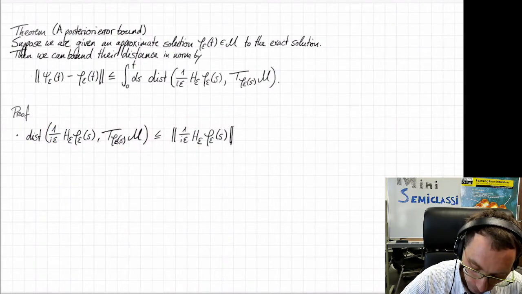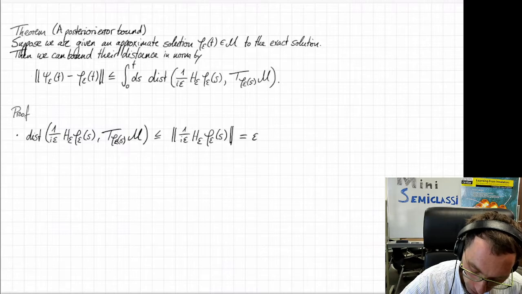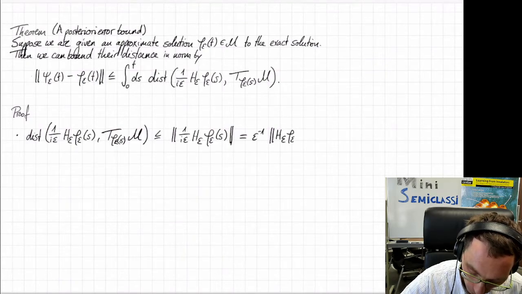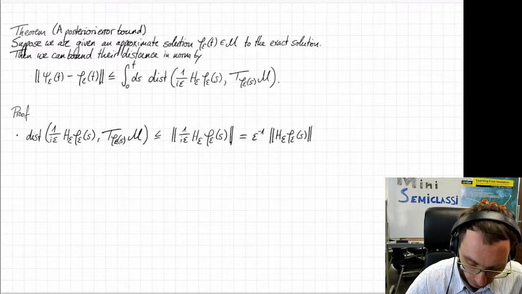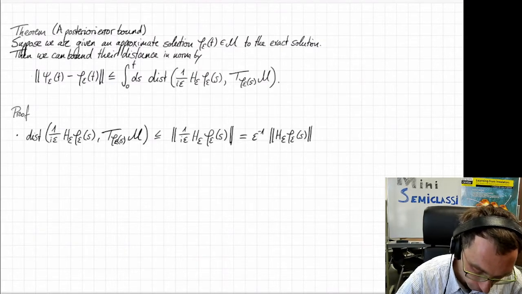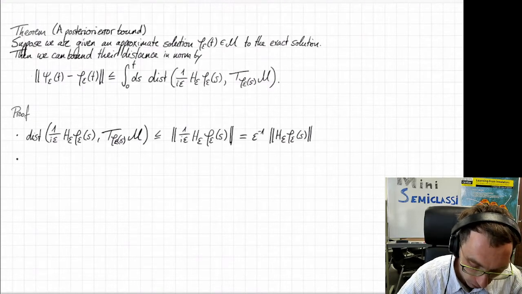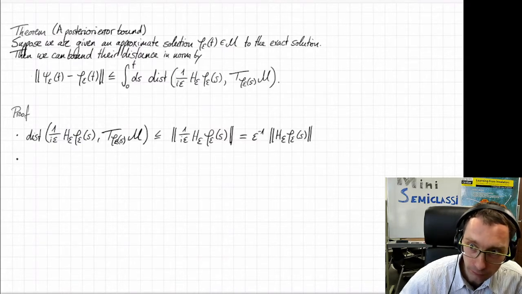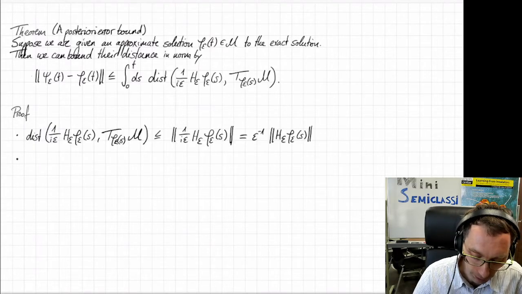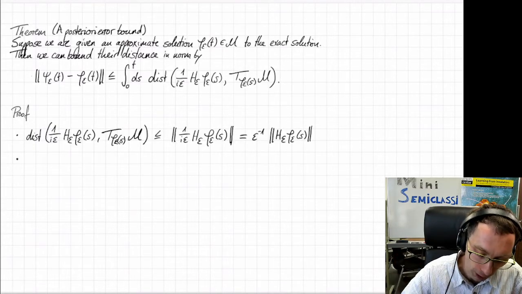And okay, let me just rewrite this. So there's a factor 1 over epsilon, and then I just have to estimate h epsilon applied to phi epsilon of s. But now, what you have to keep in mind is that phi epsilon solves the Schrödinger equation exactly in case I'm dealing with a Gaussian, a quadratic potential.